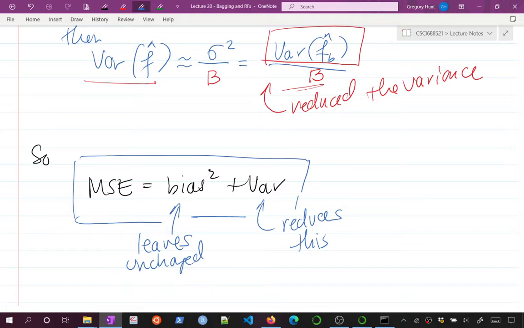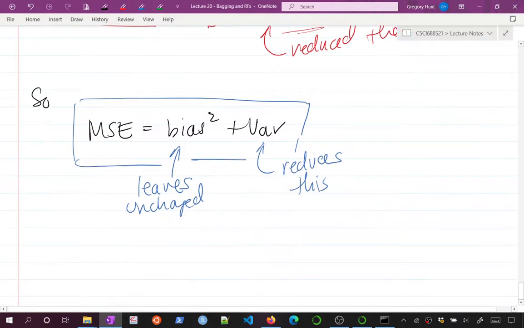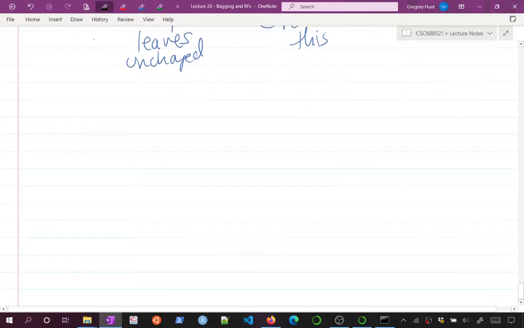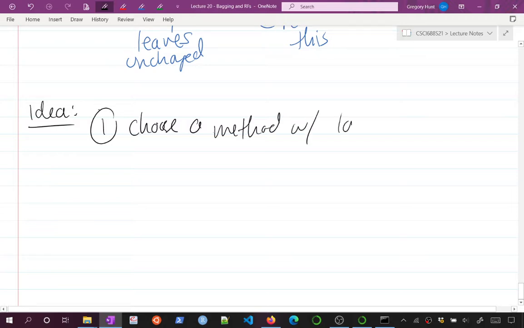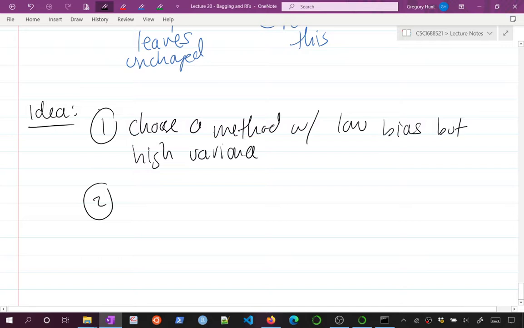And so the idea is, one, choose a method with a low bias but high variance; two, reduce variance through bagging.